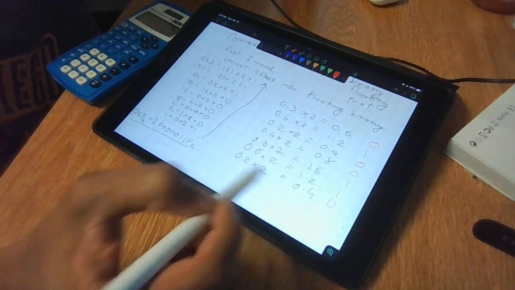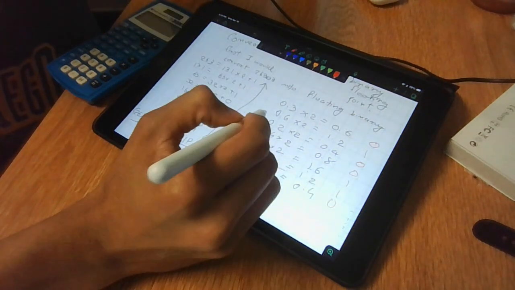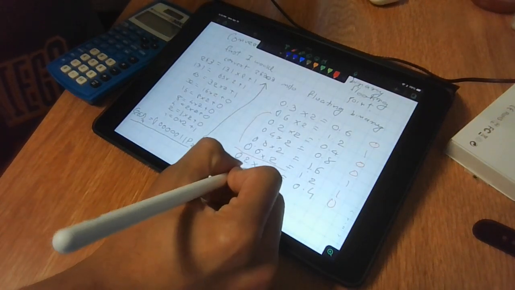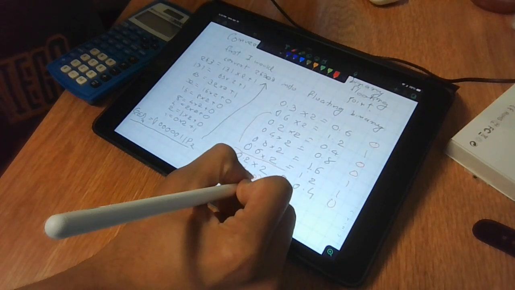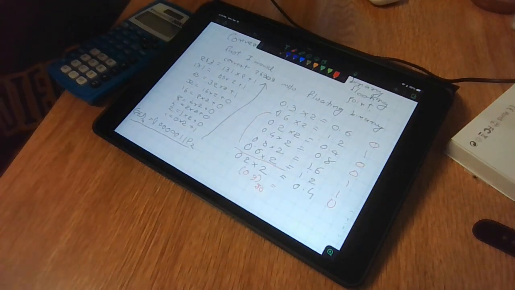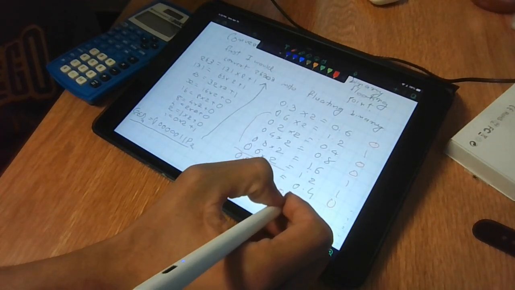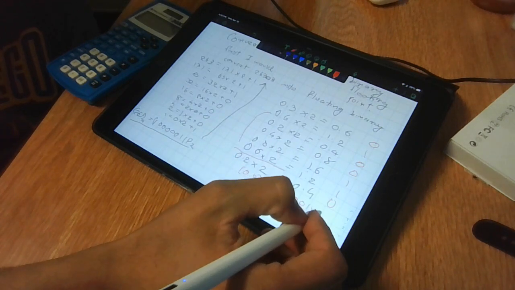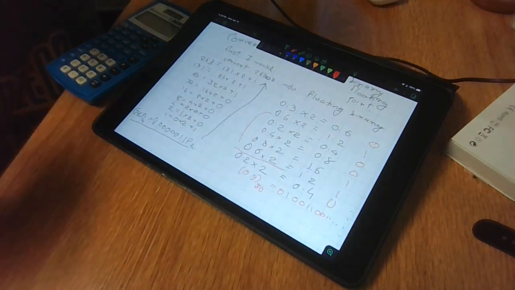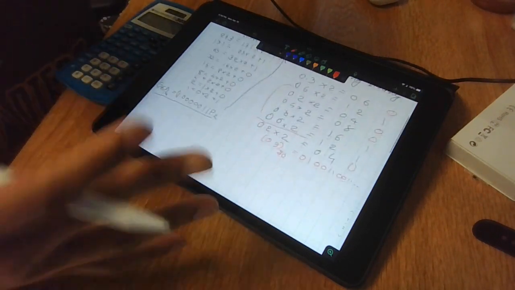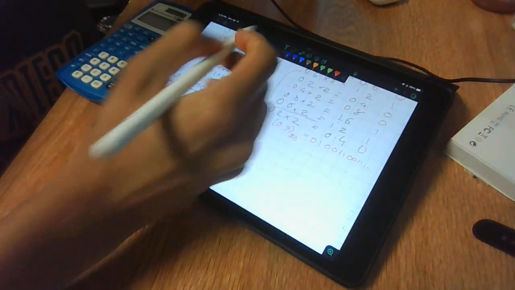So the whole thing repeats, and that's why I can say that this 0.3 decimal is equivalent to 0.01, then 0011 0011 and so on. Okay, so that's a not-so-easy kind of conversion.